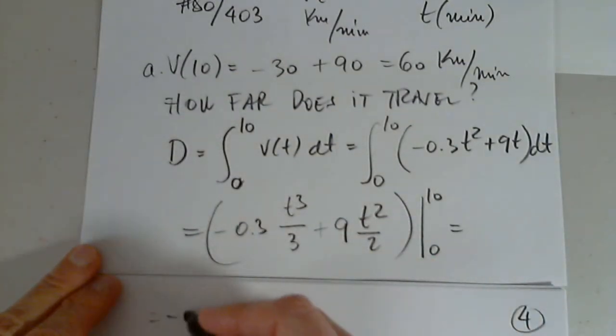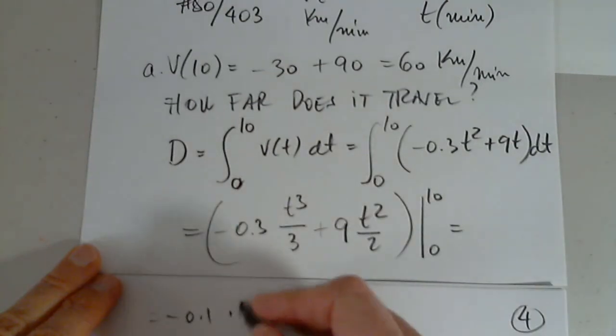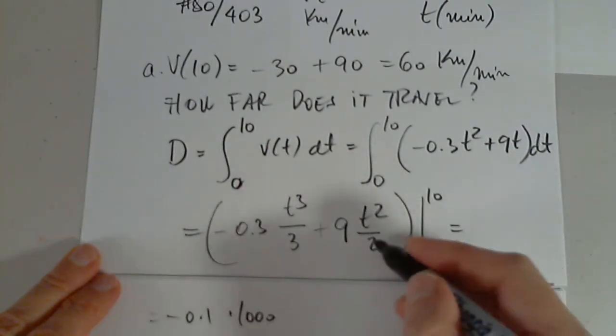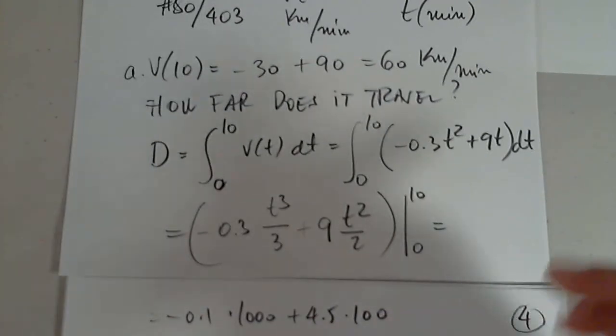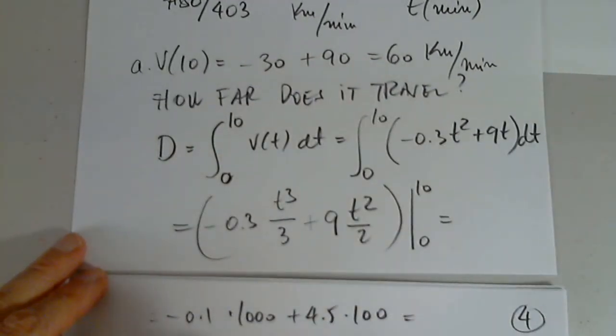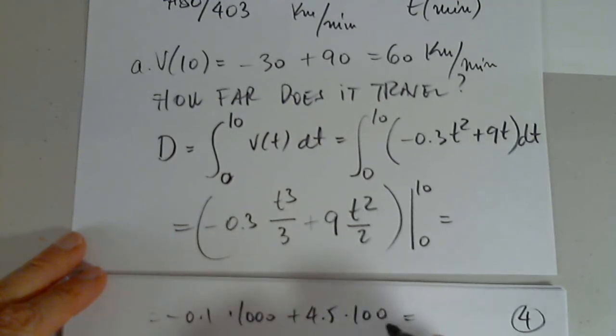This will be -0.1, and this will be 1,000, and this will be 4.5, and this will be 100. So this is going to be -100, and this will be plus 450, so this is 550 kilometers.